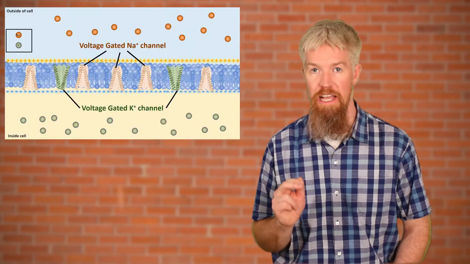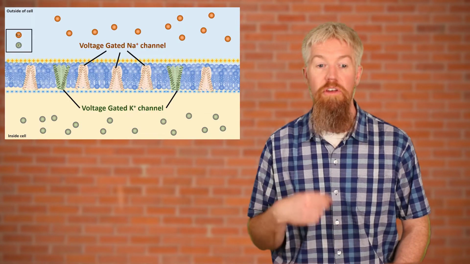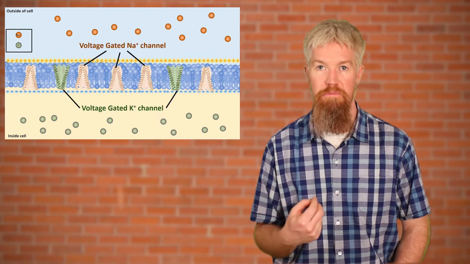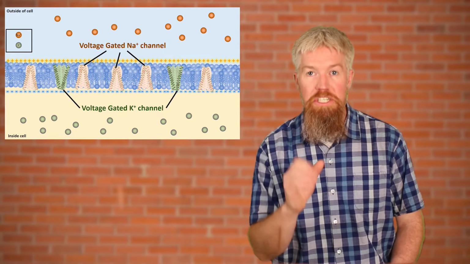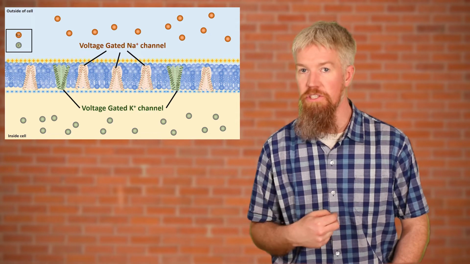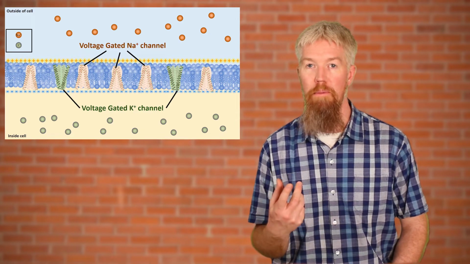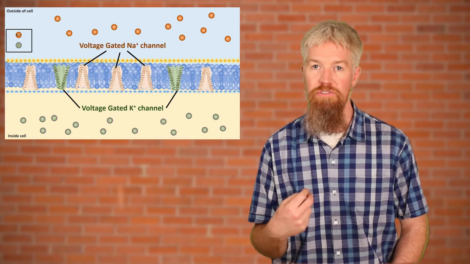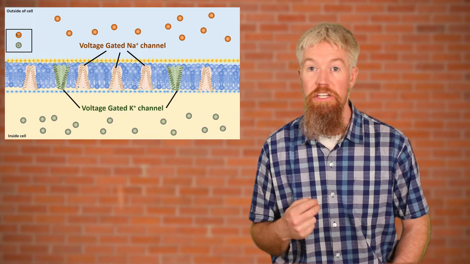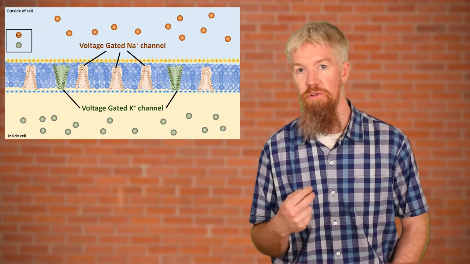Now, in order to understand the action potential, we have to bring in two more ion channels. These are the voltage-gated ion channels. You have sodium voltage-gated ion channels and potassium voltage-gated ion channels. As the names suggest, these are channels that only open up and allow ions through when a certain voltage is reached. That certain voltage is referred to as the threshold potential.